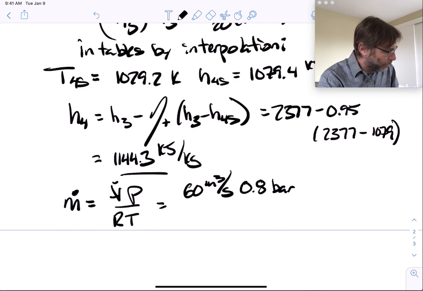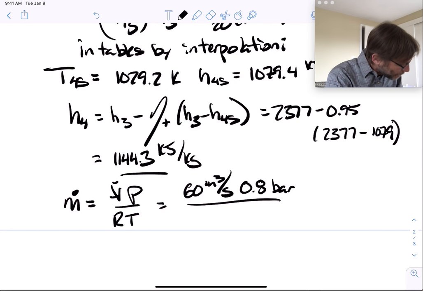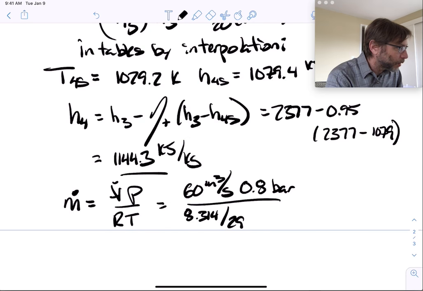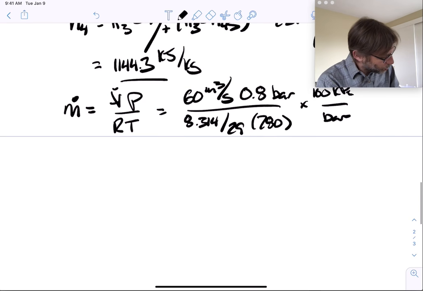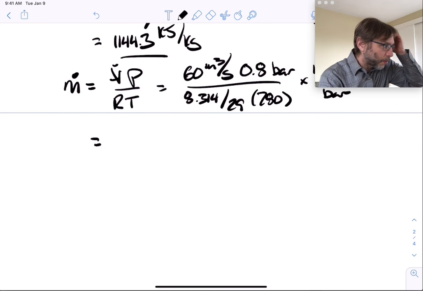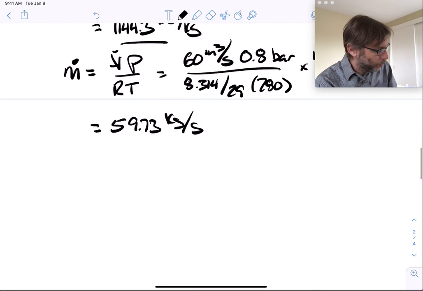We're going to have to get that in kPa, so we need a factor of 100 here somewhere. 8.314 divided by 29 approximately for air, times 280, times 100 kPa per bar, right? So then we get an m dot, which is really what we want, 59.73 kilograms per second in SI units.